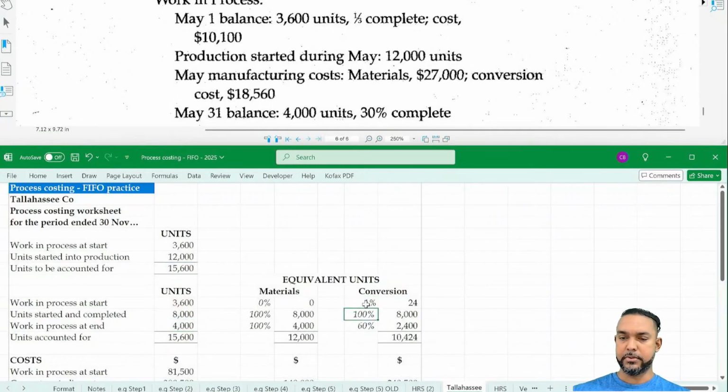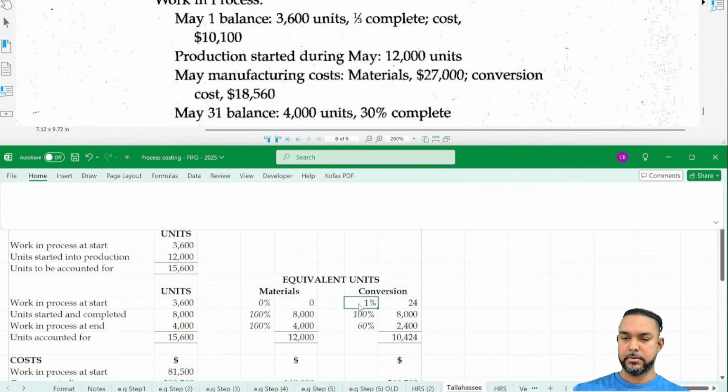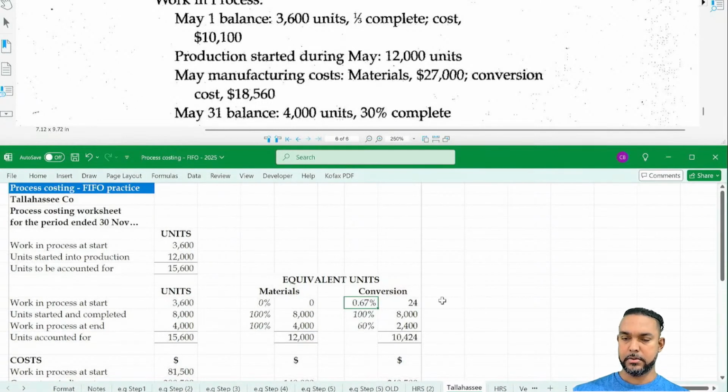So we need 2/3. Oh no, hold on. Okay, nope, that doesn't make sense either. 2/3. 167%.